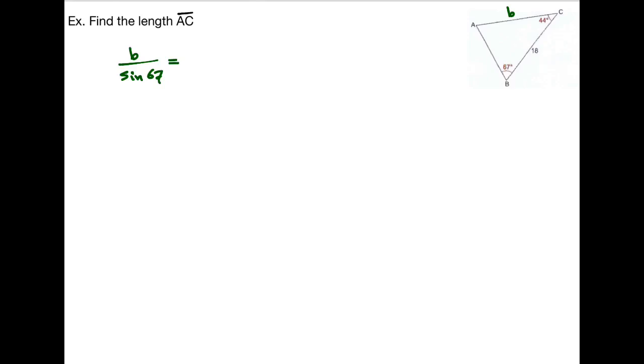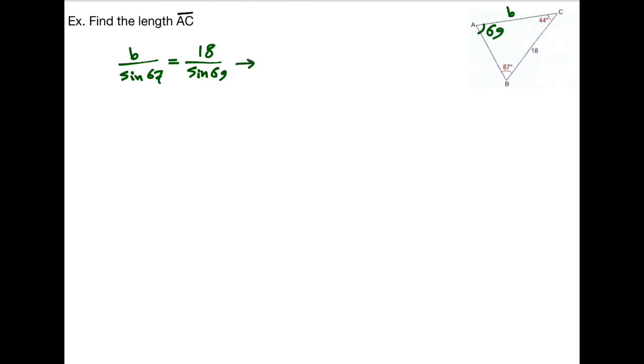18 over this angle. You notice that this angle is not given, but that's not a problem. We can easily find the angle because the angles have to add up to 180 in a triangle. This one is 44, this one is 67, so this one has no choice but to be 69. So the law of sines becomes b over sine of 67 equals 18 over sine of 69.